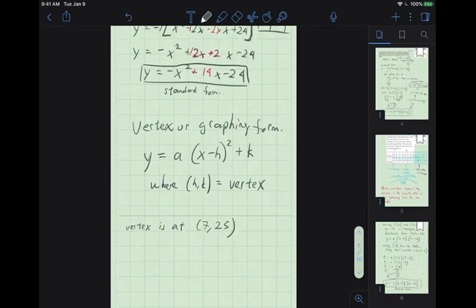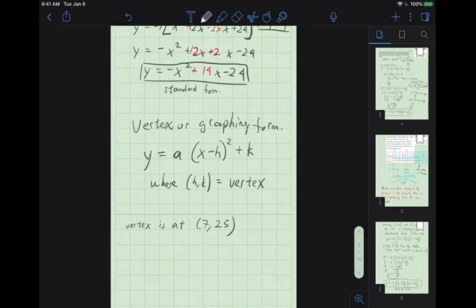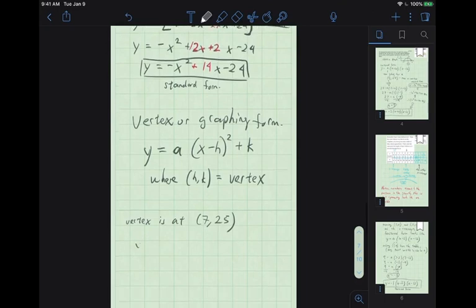We know that this equation, because this a value out here is shared, vertex form should look like this: negative 1 times (x minus 7) squared plus 25.